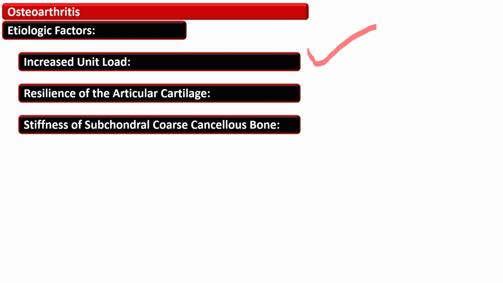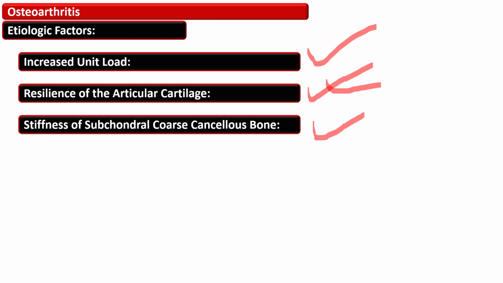Then resilience of the articular cartilage is another etiologic factor. Because articular cartilage binds an extensive amount of water, it normally has a swelling pressure of at least 3 atmospheres. Disruption in water bonding leads to decreased resilience, so it predisposes to osteoarthritis. Then stiffness of the subchondral coarse cancellous bone is another factor.